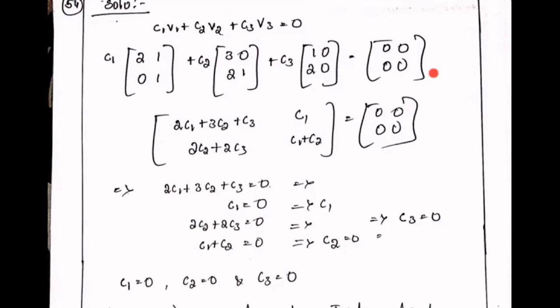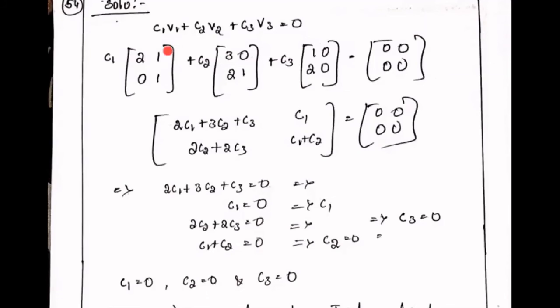Now, what is the operation you have in between? It's plus. So add all the elements. The first elements, the 1, 1 elements, will be added. The 1, 2 elements will be added. So what is the answer? Here it's 2C1 plus 3C2 plus C3, right?